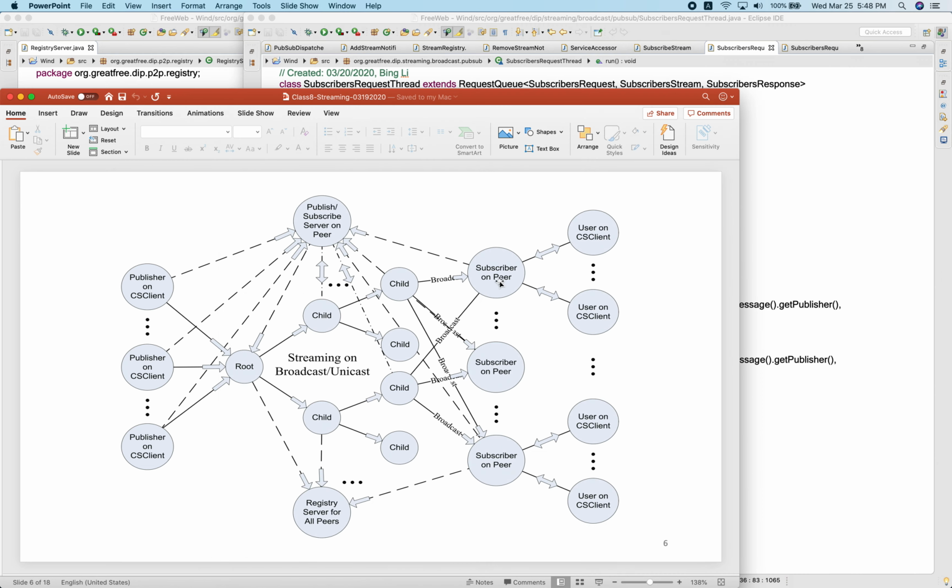So for example, if this one is selected, this one will interact with the child using request and response. This is a typical client-server model. So only one subscriber will be selected to perform the stream services for the user, for the clan.